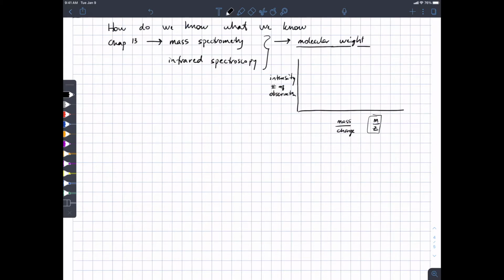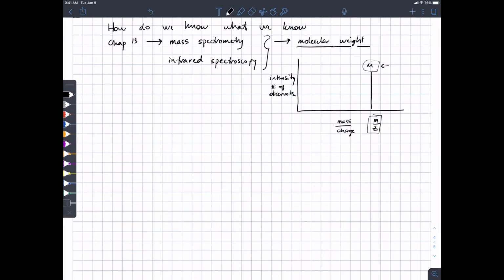But basically, you will see a peak in the mass spectrum, and you will look at that number, and suppose it's 1431 or something like that. You would look at the molecular formula for your molecule, and you would confirm that the mass you see here is consistent with that molecule.